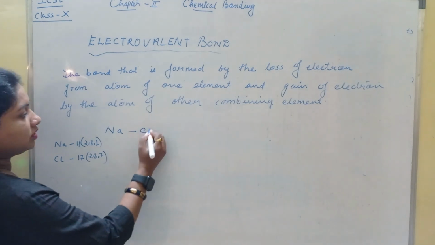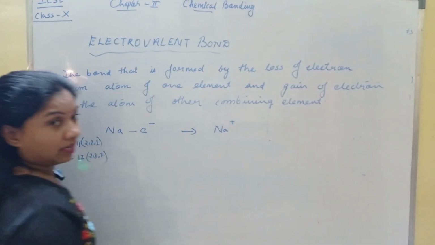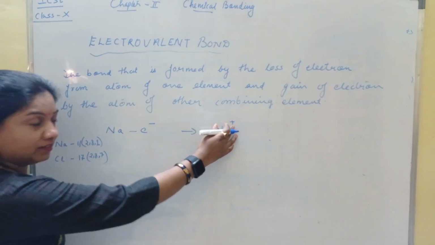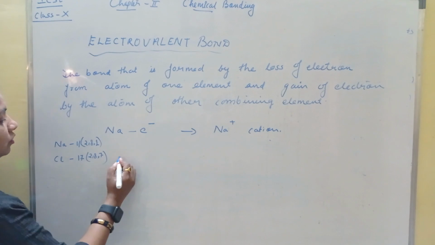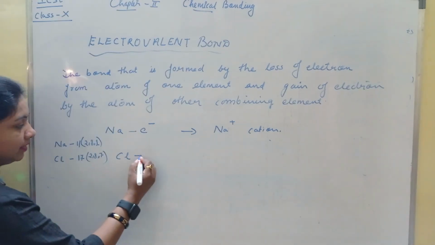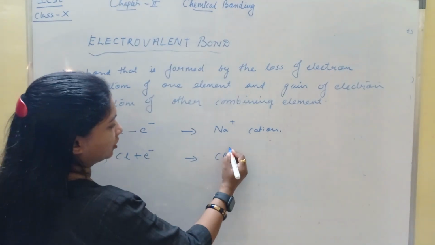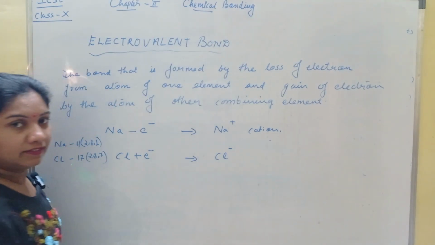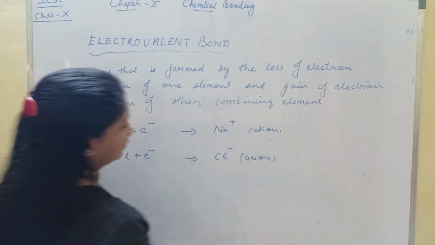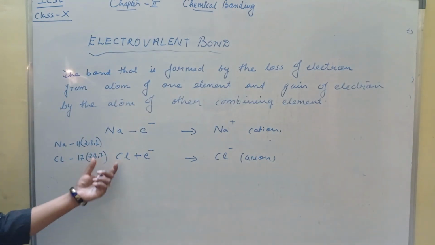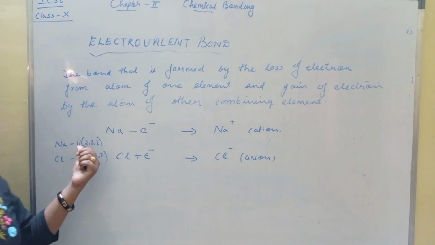So sodium loses this one electron and forms sodium ion, a positively charged ion that is called cation. And chlorine accepts this electron and forms a negatively charged ion that is called anion. Sodium is donating its extra one electron to complete the octet.